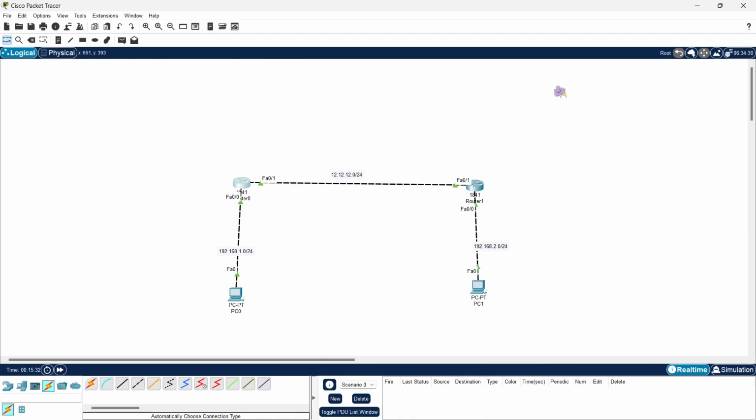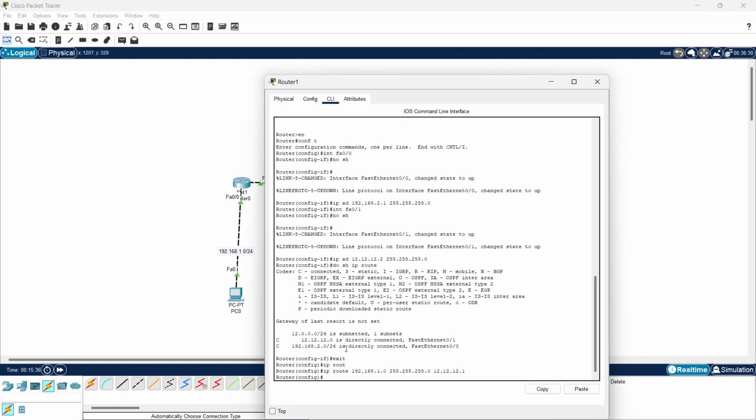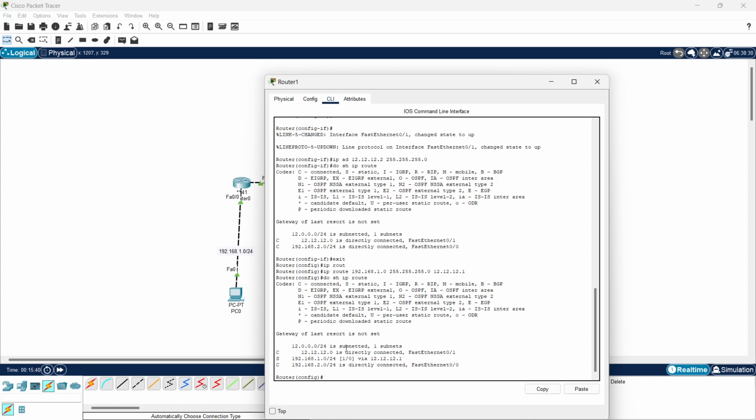So we check the next router too with show IP route. Okay, so as you can see, it is marked S. That means we have configured it with static mode.